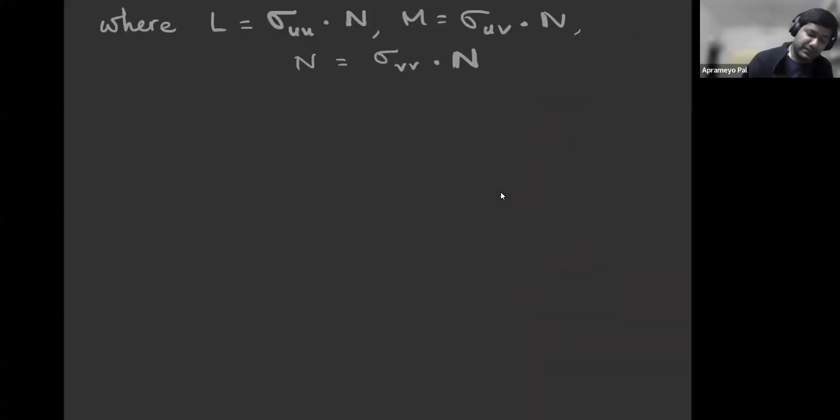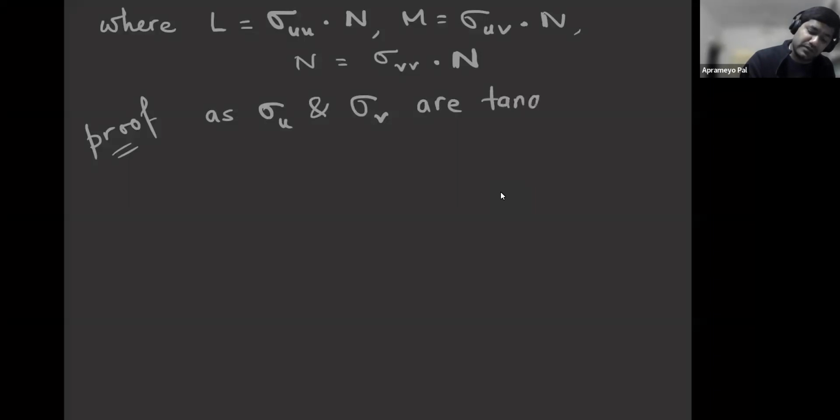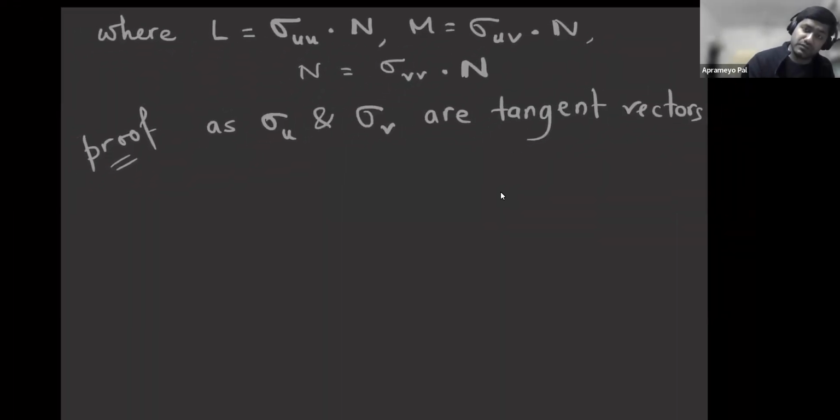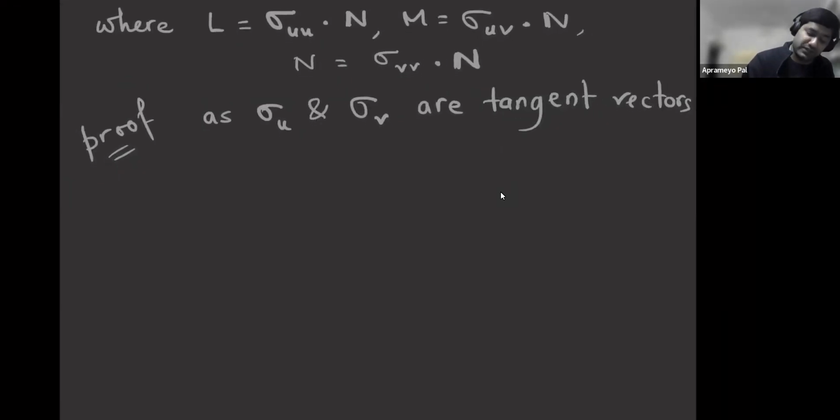Right, so let's prove this. It's not difficult, it's just a matter of writing things down. You know that sigma_u and sigma_v are both tangent vectors to the surface patch.